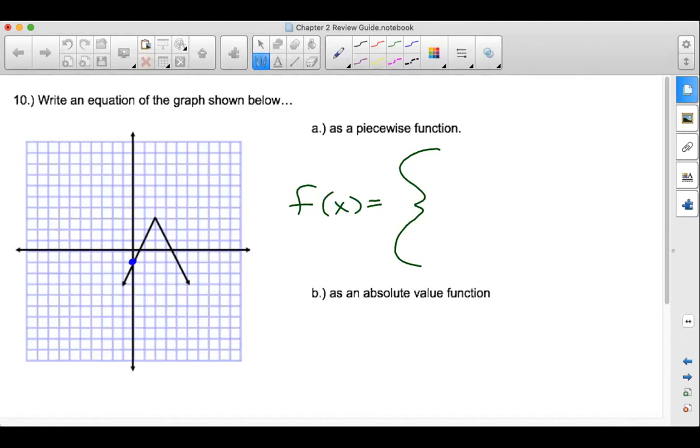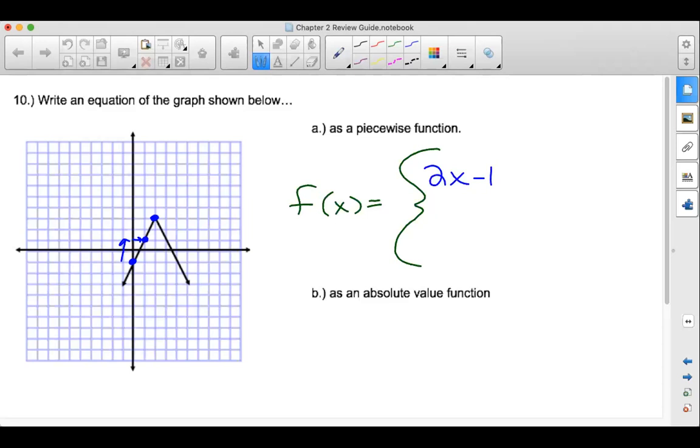So what'd you say? 2. Yeah, up 2 over 1 to get to the next point. So the slope would be 2. The y-intercept is where the graph is crossing the y-axis, and that's at -1. So that would be the equation.